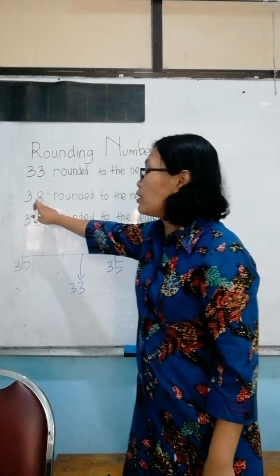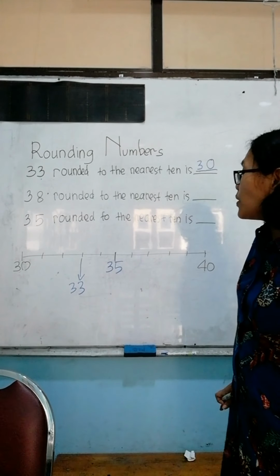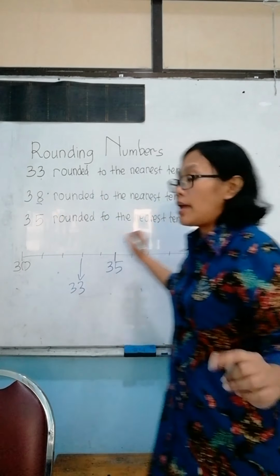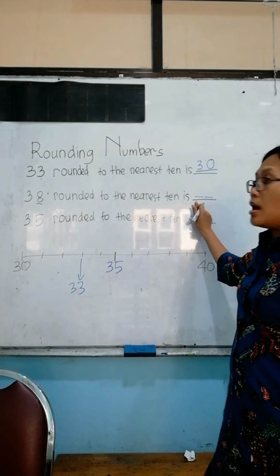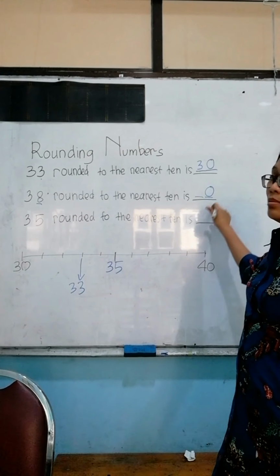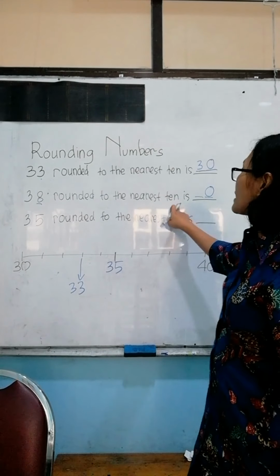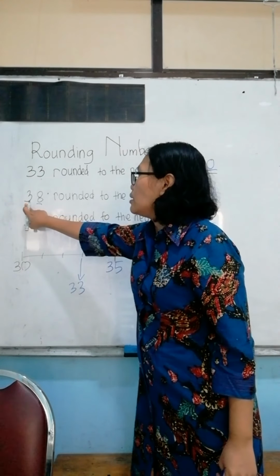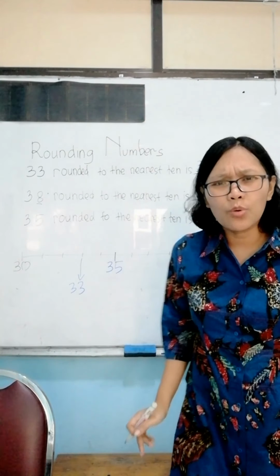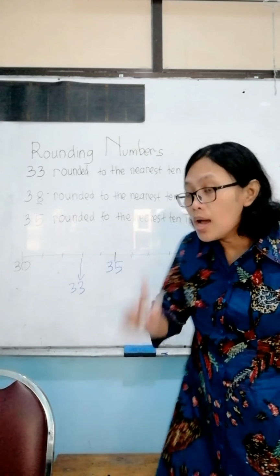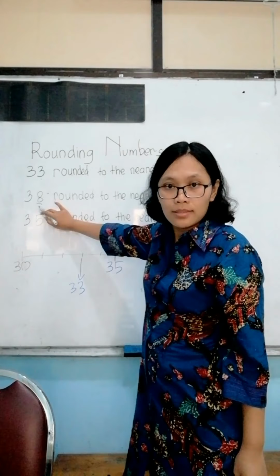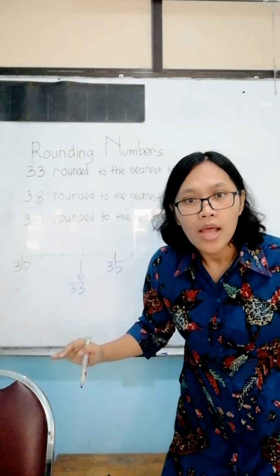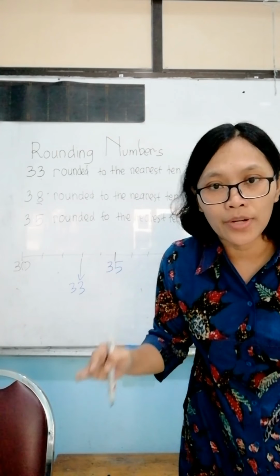Okay, next, how about 38? 38 rounded to the nearest 10 is, let's see the ones here. As a 2-digit number, the ones is always 0, right? Because we round to the nearest 10, so the ones is always 0. And then how about the 10s? Are we going to round it up or down? Let's take a look at the ones. If it is less than 5, then you have to round it down.